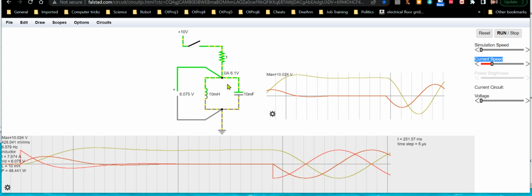It keeps doing that right up until it has zero current flowing in the exact direction you see here. But now that I flip the switch, it's starting to charge up the capacitor in a negative direction. The current's flowing from right to left, as you can see, instead of from left to right. So that's why the capacitive current is negative at the get-go and positive for the inductor.